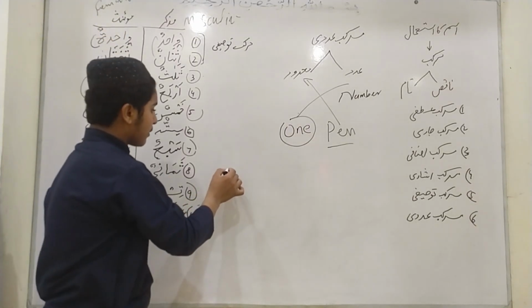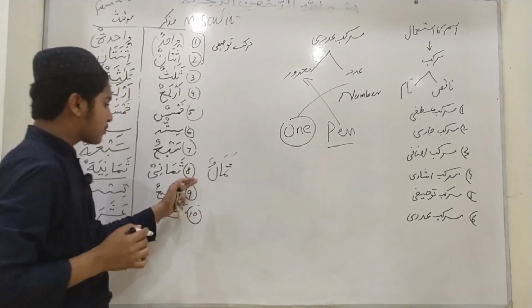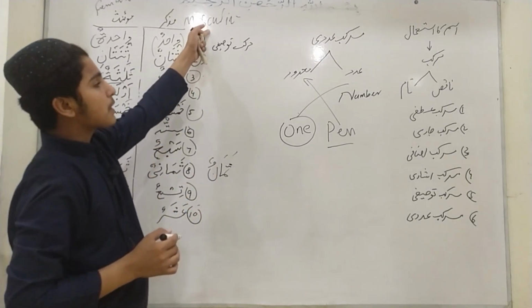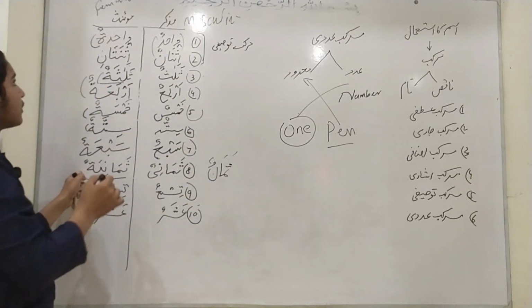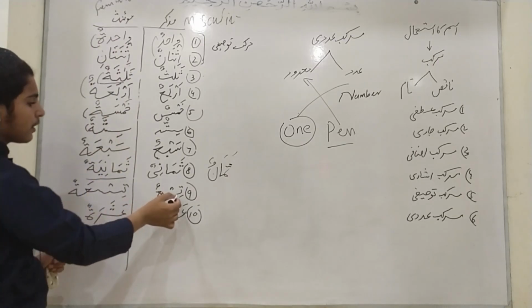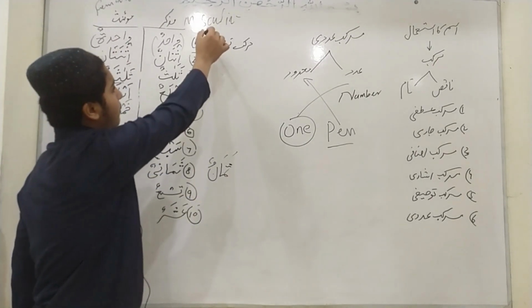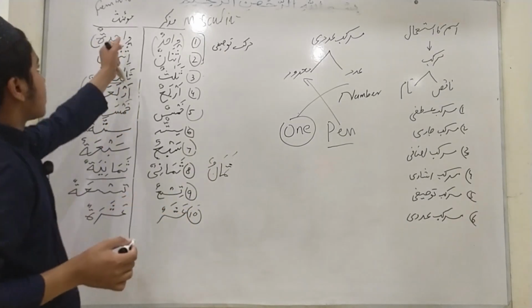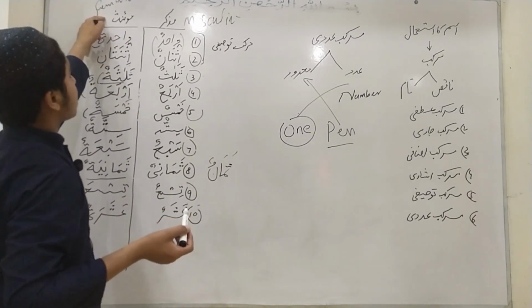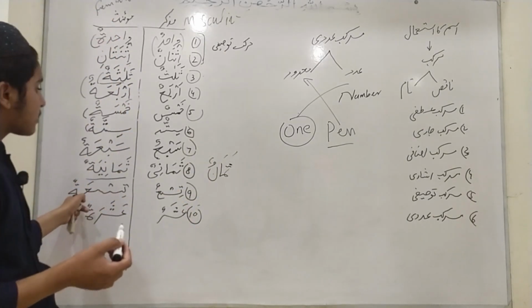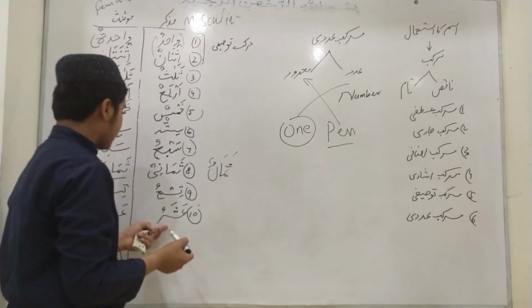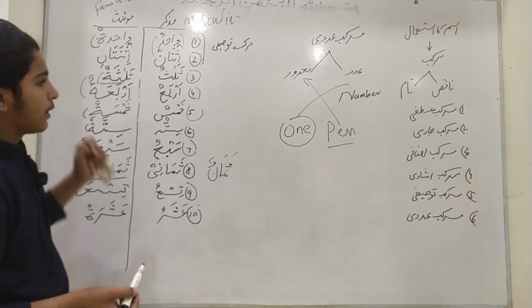Samaniyun or samanun, it is used for 8 but for masculine, and samaniyatun, it is for feminine. Tis'un, it is used for 9 but for the masculine, and if the things are feminine, then we will use tis'atun. Ashrun for 10 and ashratun for 10, feminine.